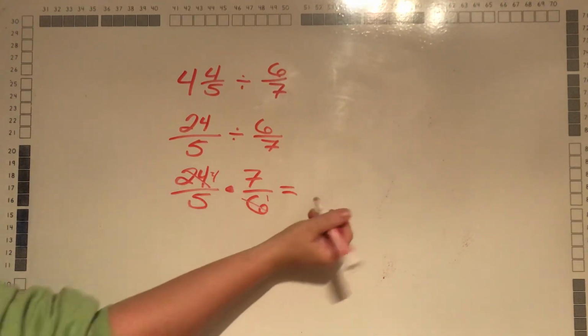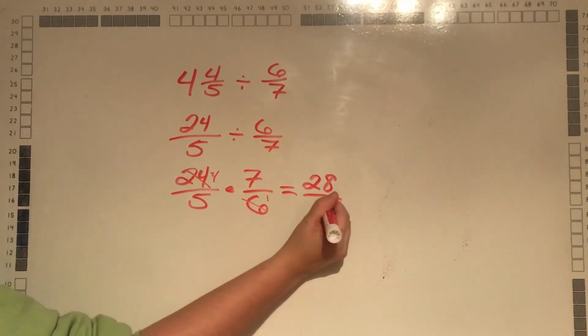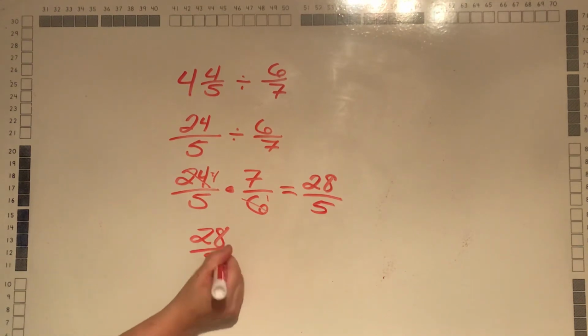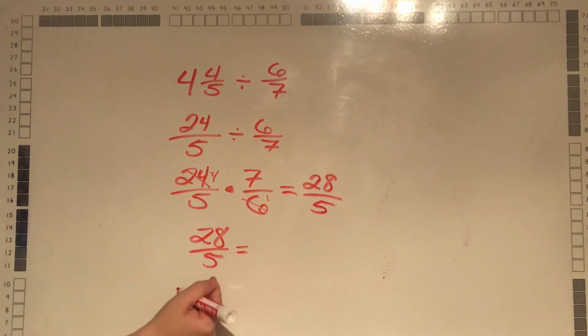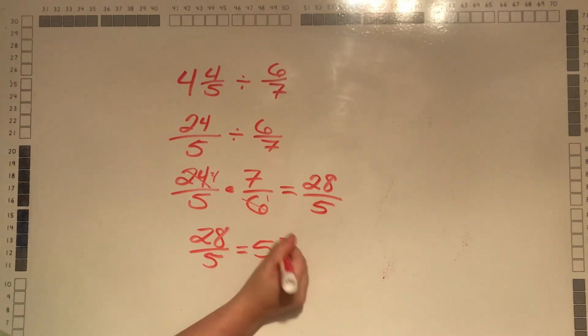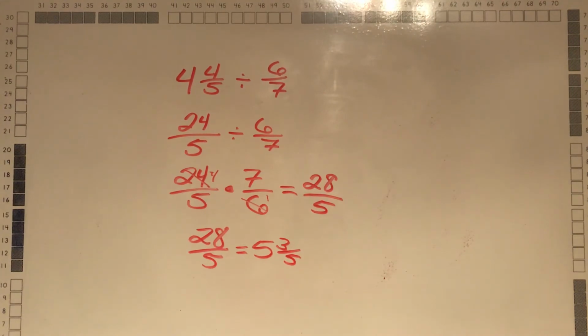So 4 times 7 is 28, and 5 times 1 is 5. We need to simplify this. 5 goes into 28 5 times, with 3 remainder. So our answer should be 5 3/5.